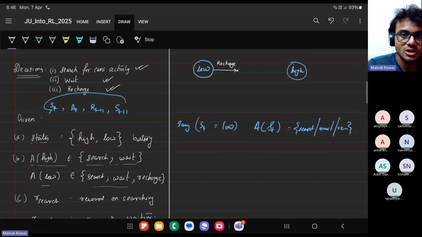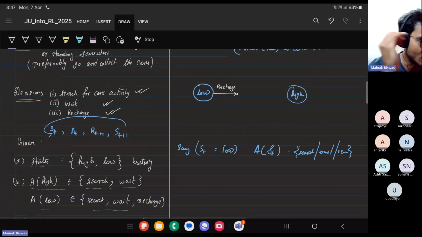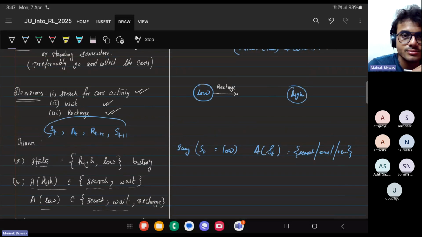So you recharge, then which state will you go to? You go to the high state, yes or no? If you recharge from low battery, you will go to high battery. Say with probability 1, you go to high battery.